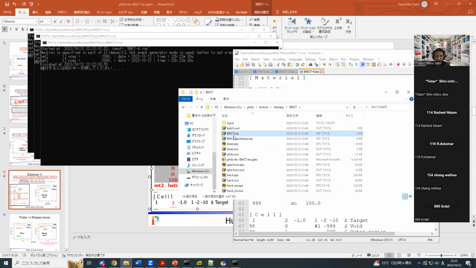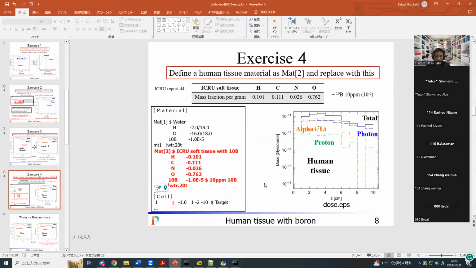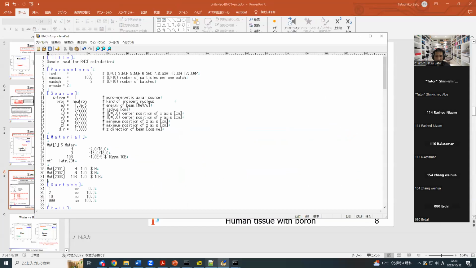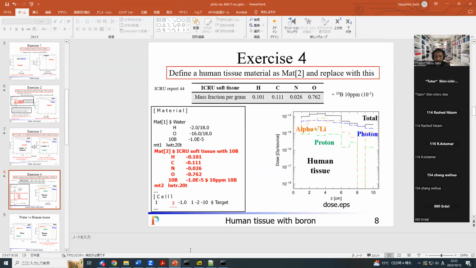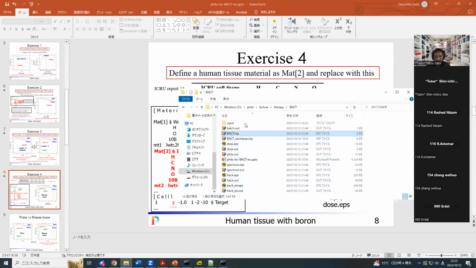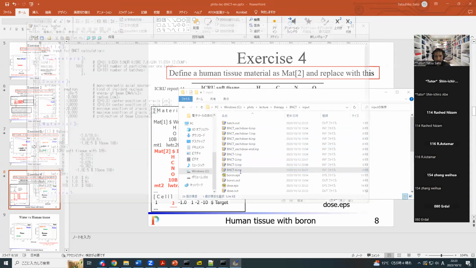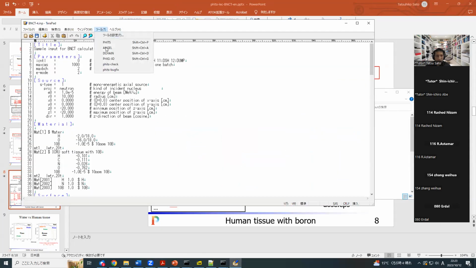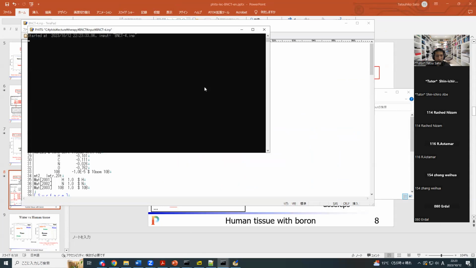Yeah, I use the original one, because I tried to use the input Bnct-4. That result is strange.